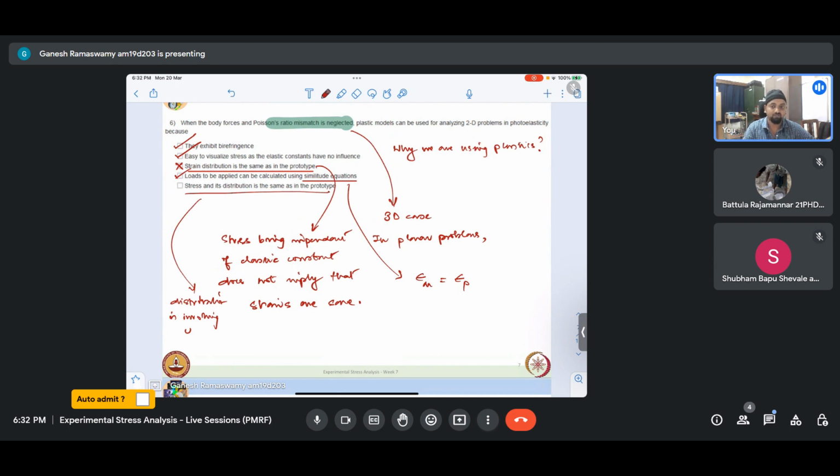Even in the case of three-dimensional analysis, only Poisson's ratio shows up, which influences the distribution, unless the question qualifies that the Poisson's ratio mismatch can be neglected. For example, if we were working with polyurethane, which has a Poisson's ratio of around 0.28, and for metals also it is in this range. If this minor mismatch is neglected, then essentially we can see that stress and distribution is the same for the model as for the prototype. So this surely holds.